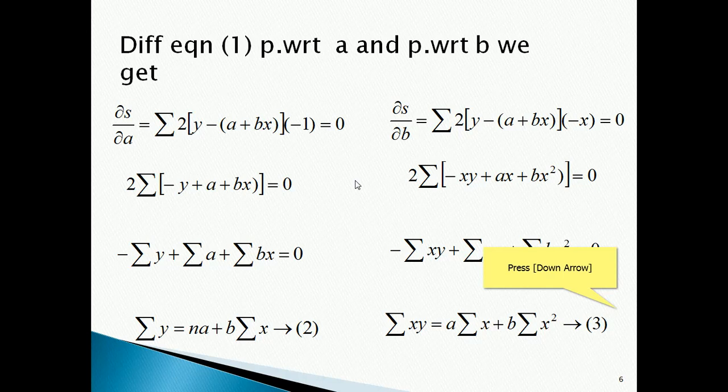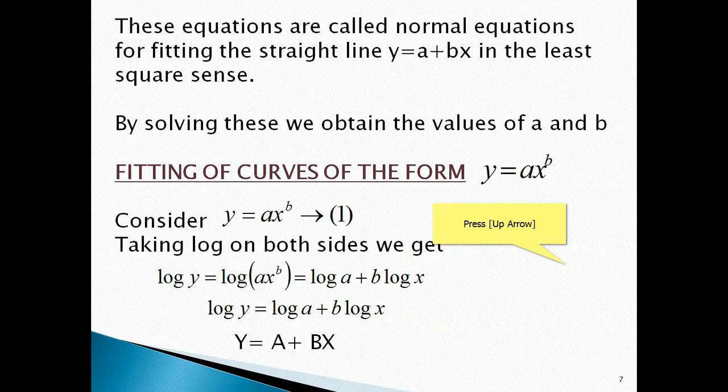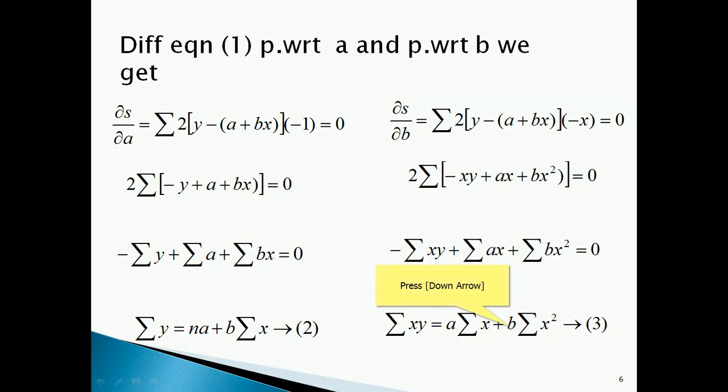Equations 2 and 3 are known as the normal equations to fit a straight line y is equal to a plus bx. By solving these two equations, given the values of x and y, we can easily find the sum of all the values of x and the sum of all the values of y. Multiply x and y and find their sum. Find the square of x values and find their sum.